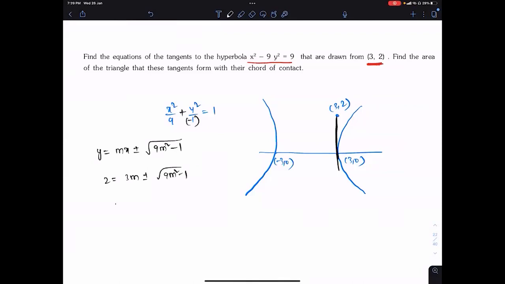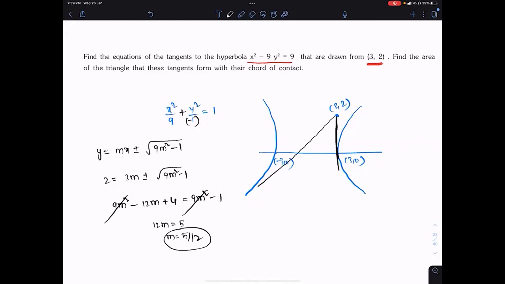Simplify: 9m square minus 12m plus 4 equals 9m square minus 1. One slope is undefined, that's why we are getting only one root. 12m = 5. m is how much? 5 by 12. So the other tangent slope will be 5 by 12.